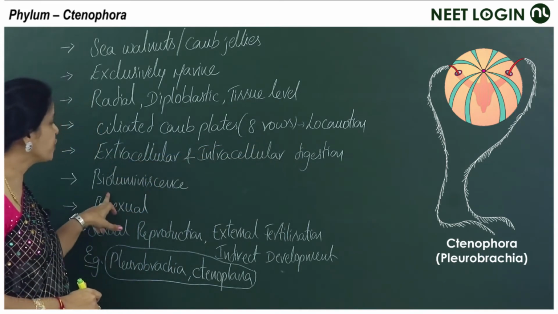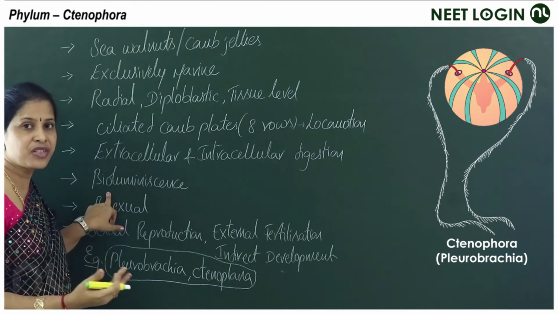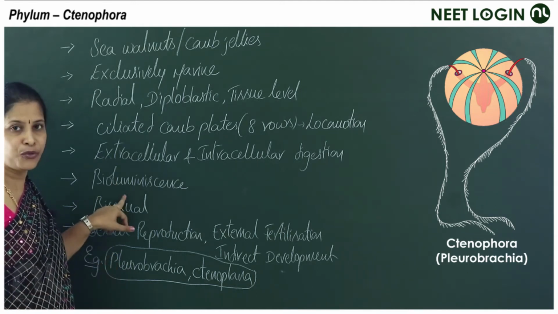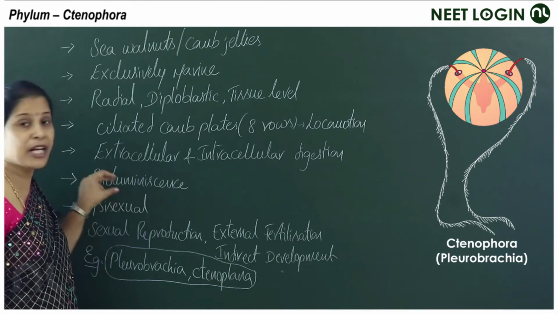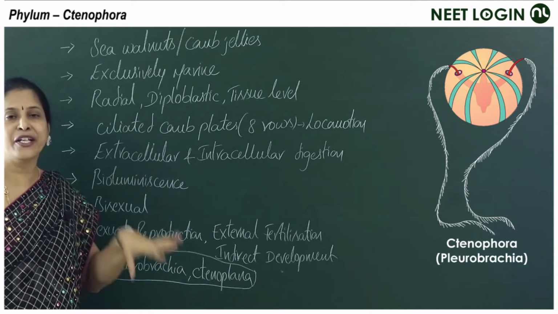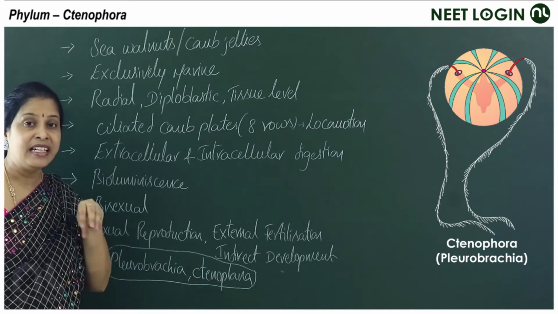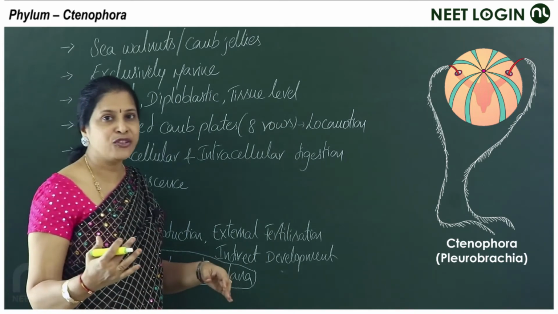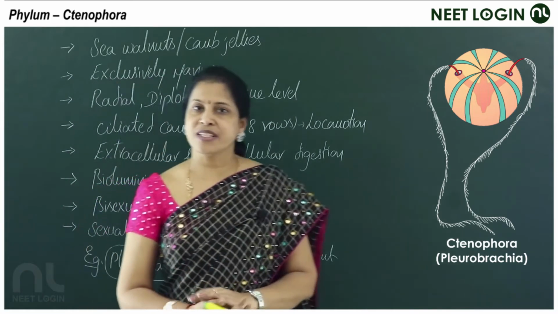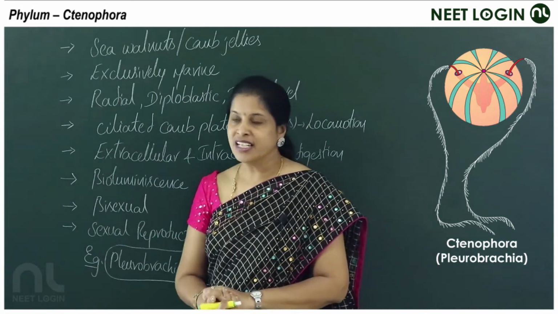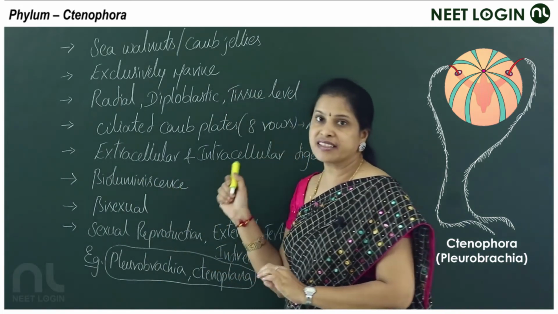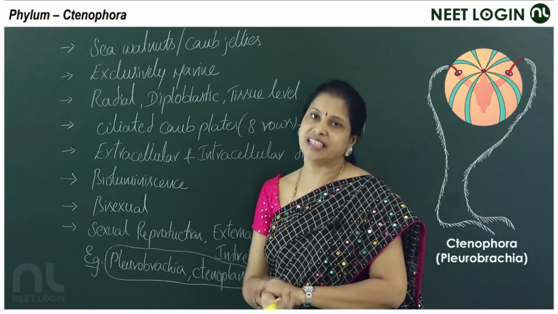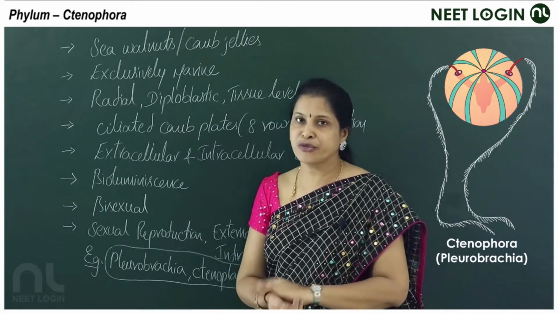Moving on to the next, a very interesting characteristic feature of Ctenophora members, bioluminescence. Bio means life, living organisms; luminescence means light. The emission of light from living organisms is called bioluminescence. They emit light from their body.